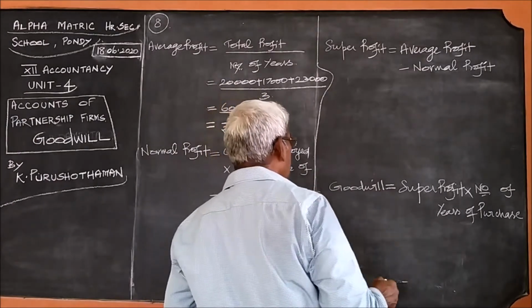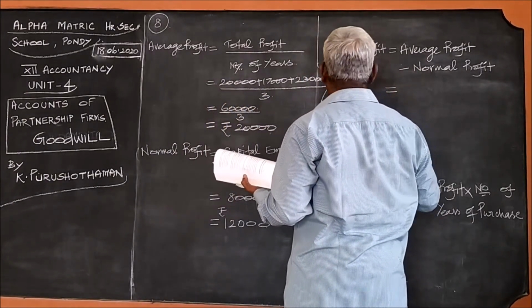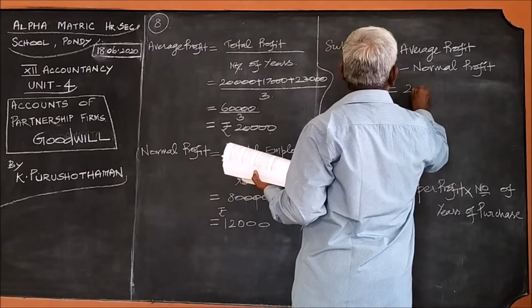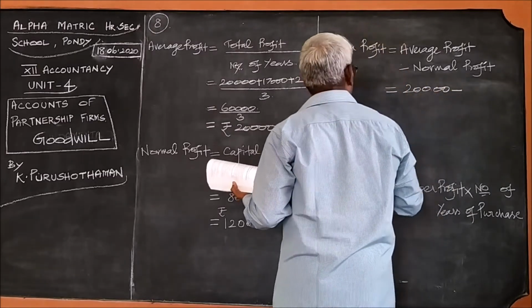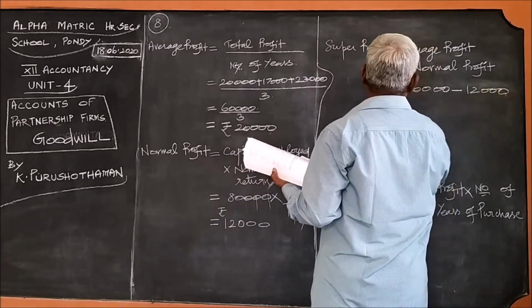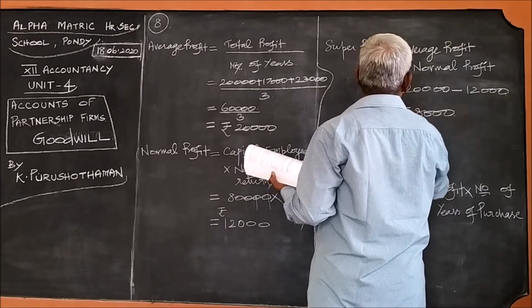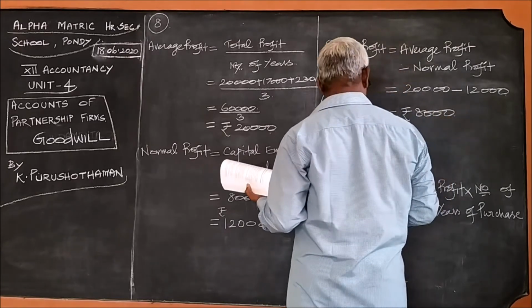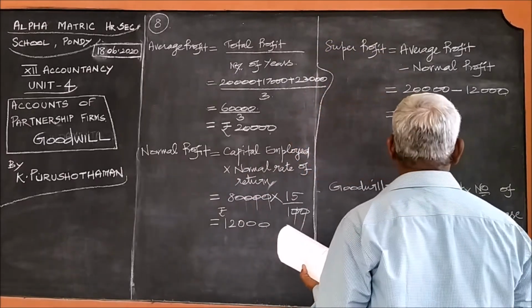Go to the formula of super profit. Average profit is 20,000 minus normal profit 12,000, and if you subtract it you will get 8,000. This is the amount of super profit. Now we go to the goodwill.